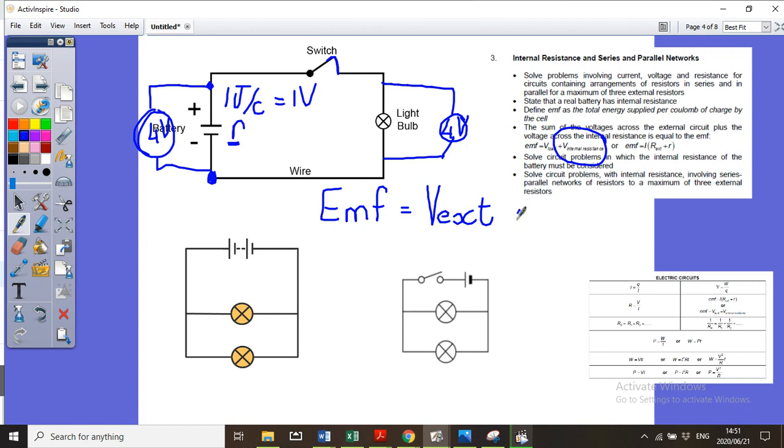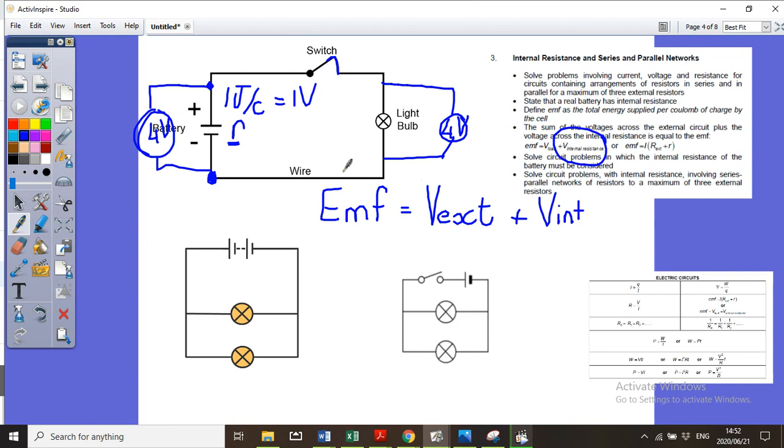But sometimes some of that energy is going to be lost inside the battery, lost in inverted commas, because it's not totally lost, but it's just not available for our light bulb. It's not useful energy. So this will then be V internal. The V external is anything that is in the external circuit, and on your information sheet it's called V load, but it's the same as the V external.